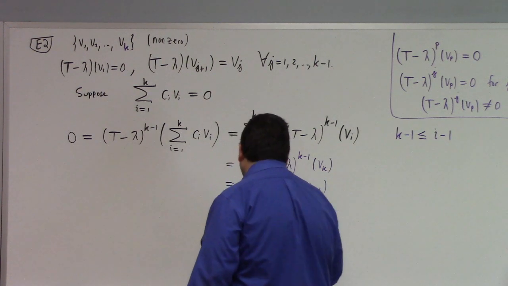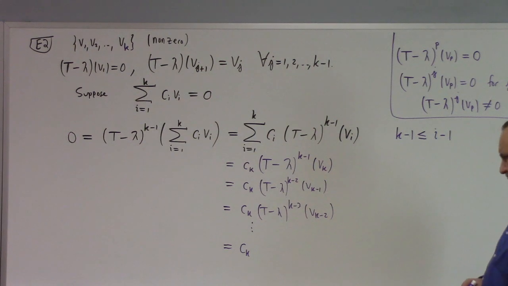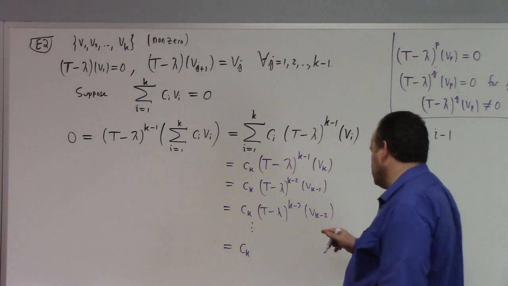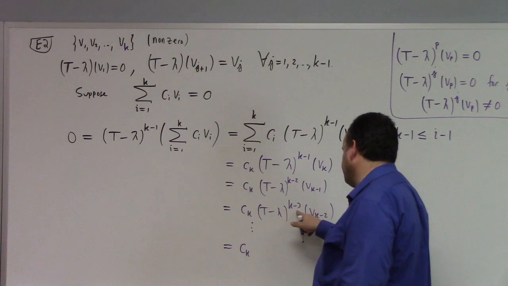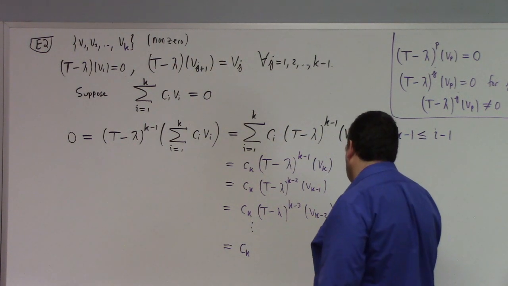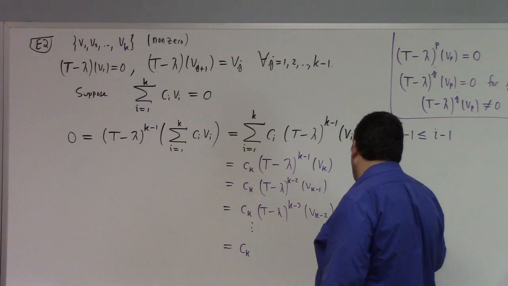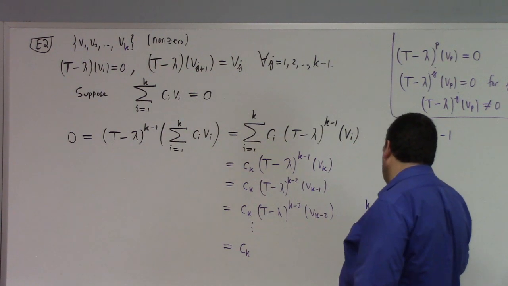We get to what? Eventually we get to, well, let me stop right before the end of it. Suppose k minus 3 is equal to 1, then k minus 2 is equal to what?